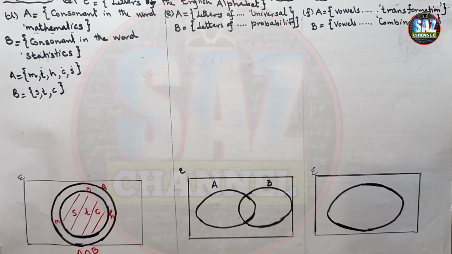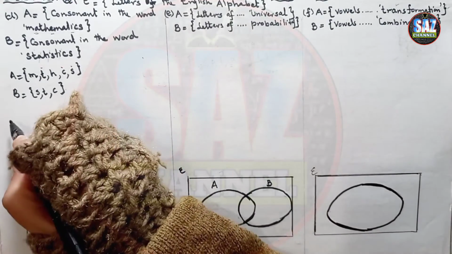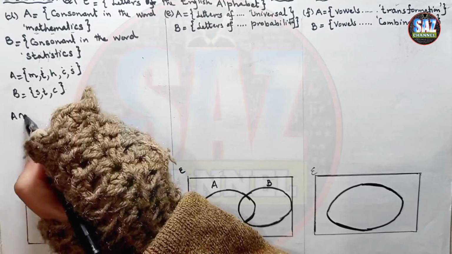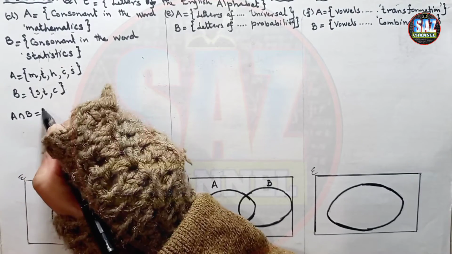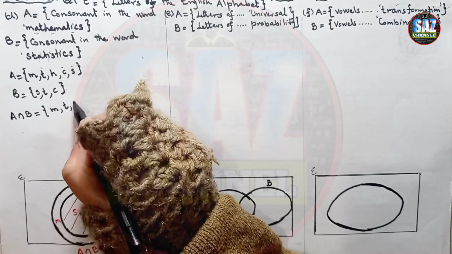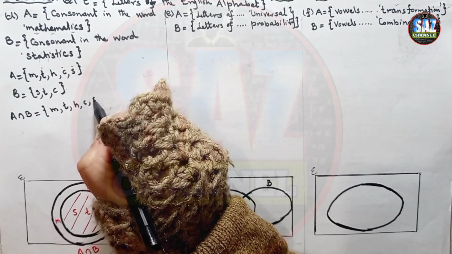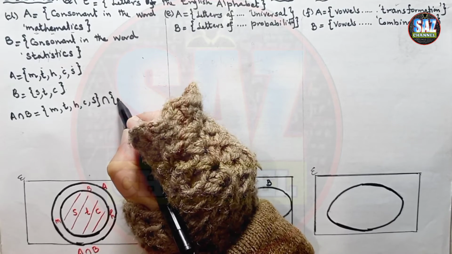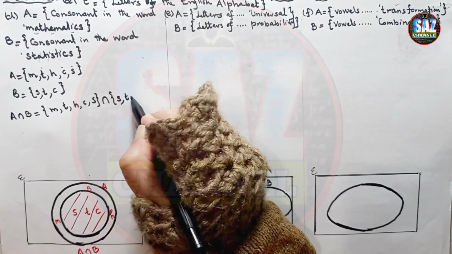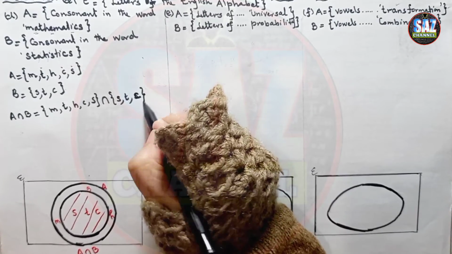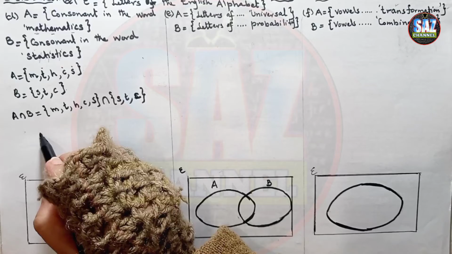Now the solution of this question with the help of a formula. I will be writing A intersection B equals M, T, H, C and S intersection S, T and C, as intersection means common elements only.